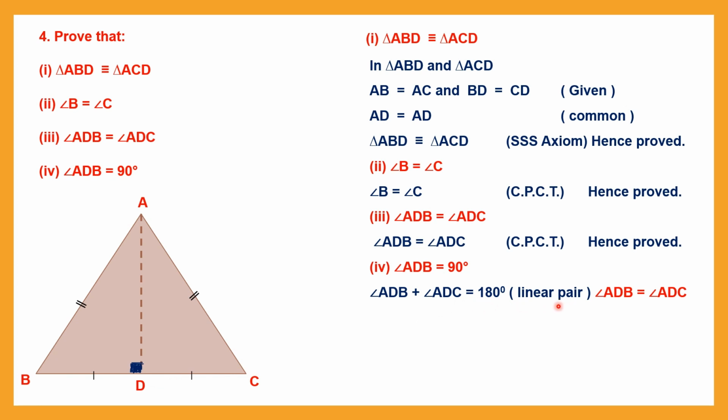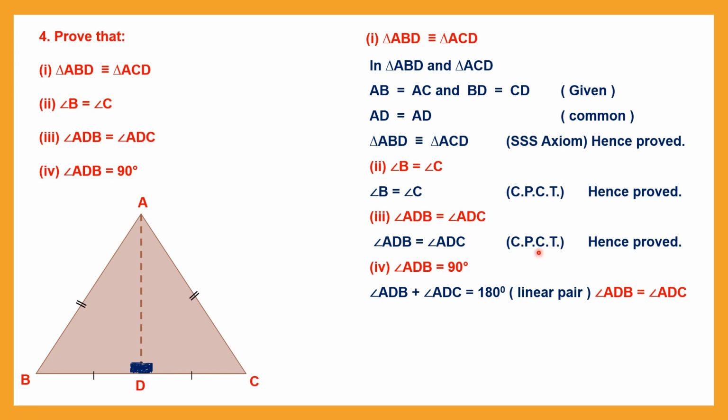Because they are a linear pair. If I take this side also, together they should give us 180 degrees because that's what we have learned about linear pair, isn't it? That on a line, when you have two angles, they should add up to 180 degrees. And that's what we've written here. So you have to write the reason. The reason is they're a linear pair.